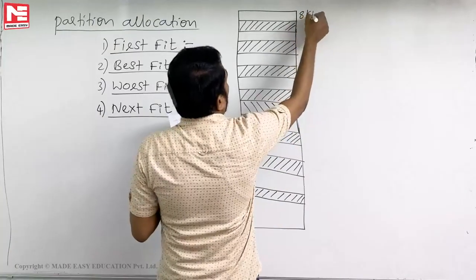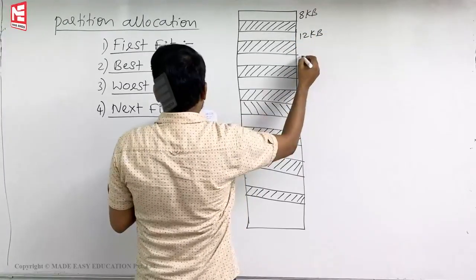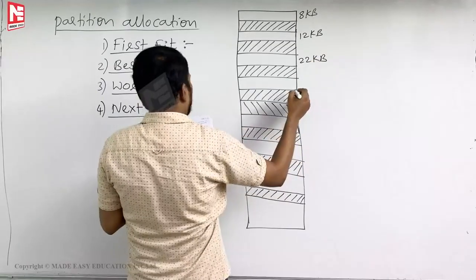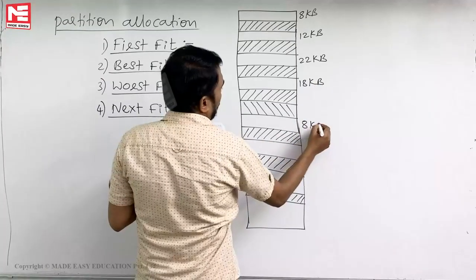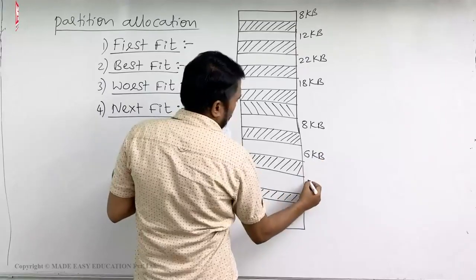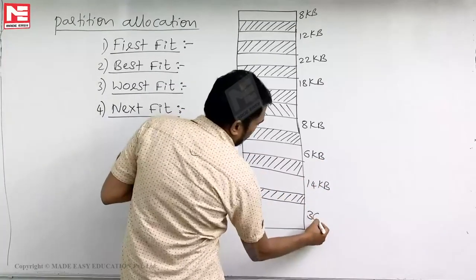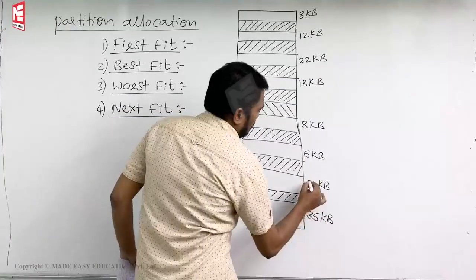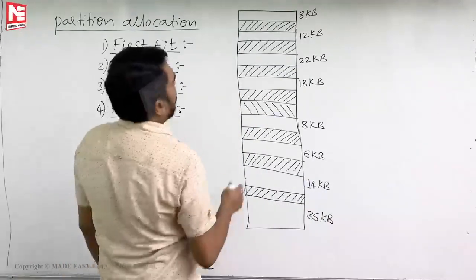This 8 KB, so 12 KB, 22, 18 KB, so 8 KB, 14 KB, 36 KB. So this is a 14 KB and 36 KB, okay?